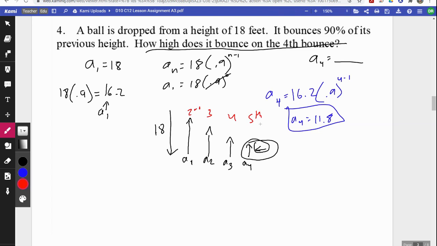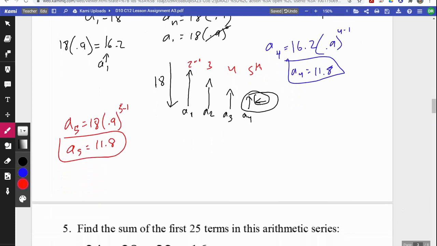So we want to know how high after the fourth bounce is the fifth height. So you would say a sub 5 equals 18 times 0.9 to the 5 minus 1. And you would still end up with 11.8. All right, so those two ways of thinking about it.